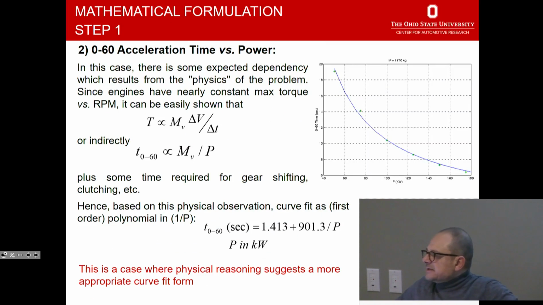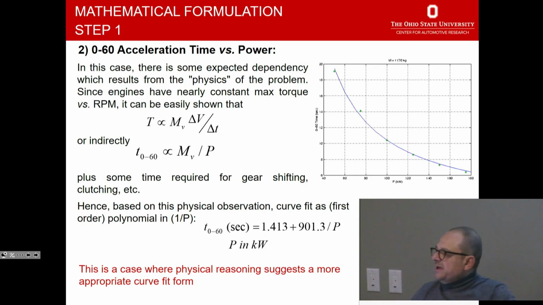0 to 60, acceleration time versus power. Okay, now, when I think about this, the first thing that comes to my mind is F equals ma, right? F, of course, and a, they're related to one another. Force and power are related to one another.